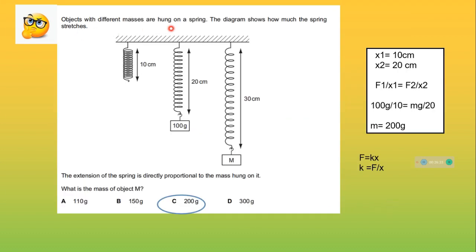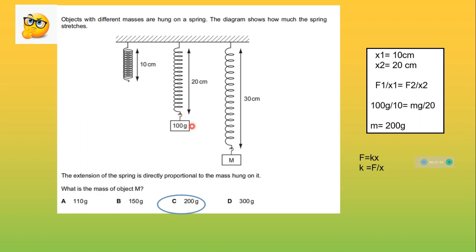Objects with different masses are hung on a spring. The diagram shows how much the spring stretches. We know that F is proportional to extension and F is equal to m into g, mass multiplied by g. So what is the mass of object m here? Since there is no load, 10 centimeter is the unstretched or original length of the spring.